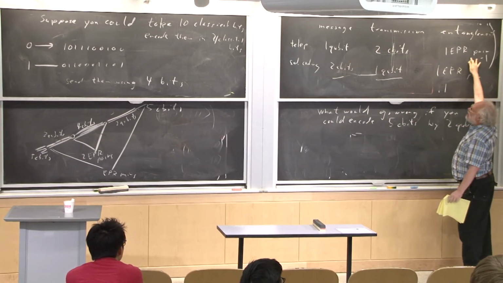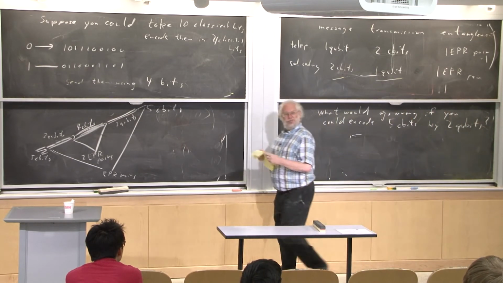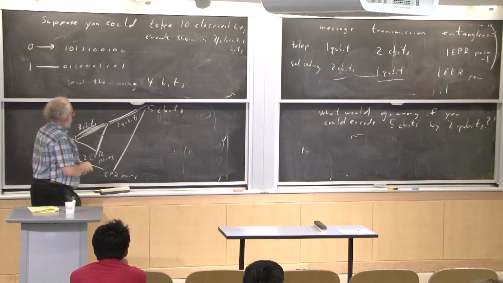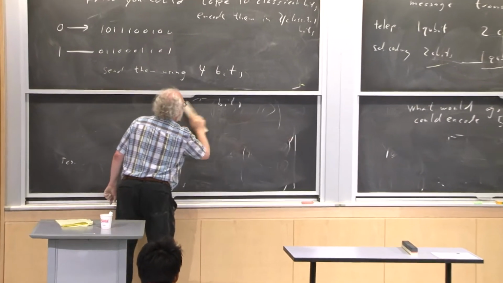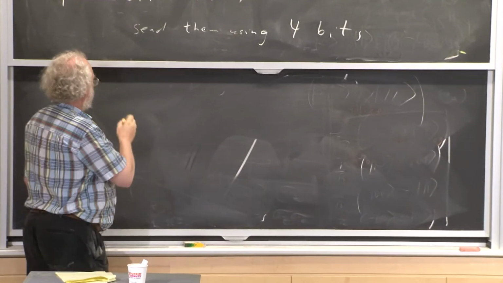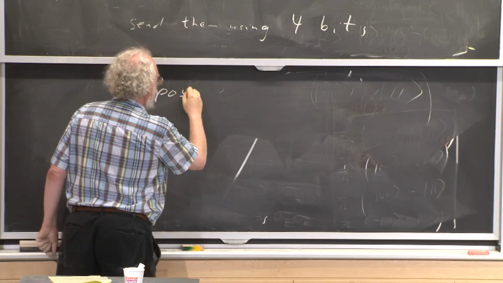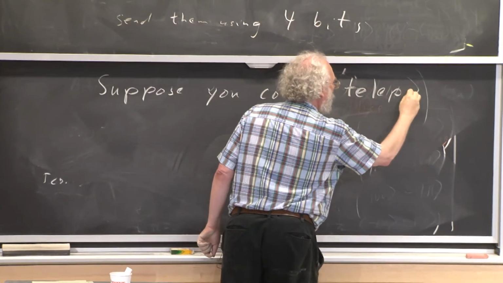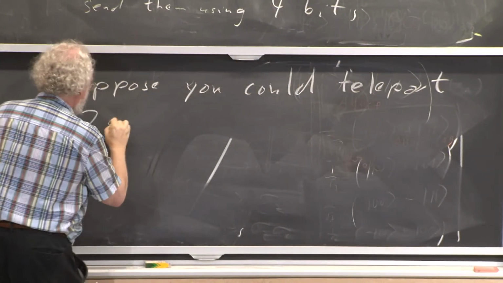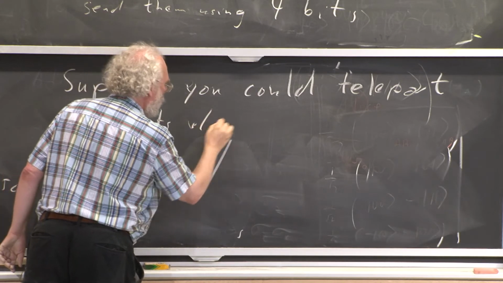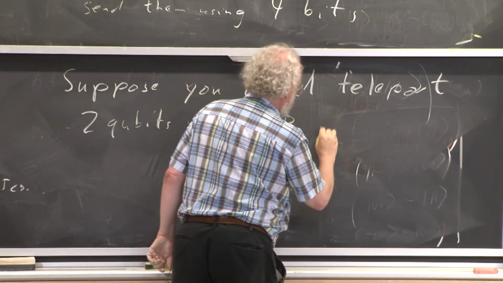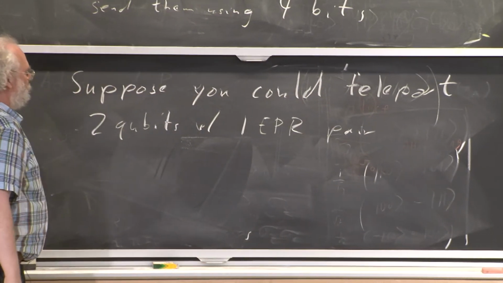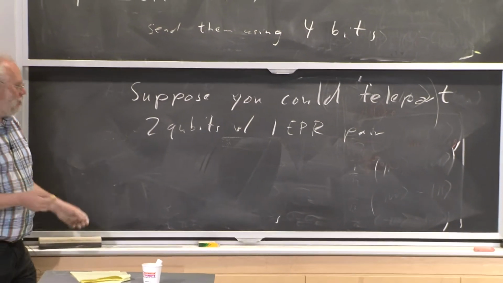Now I want to say that 1 EPR pair is optimal for teleporting 1 qubit. So suppose you could teleport 2 qubits with 1 EPR pair. Well, what could Alice do?